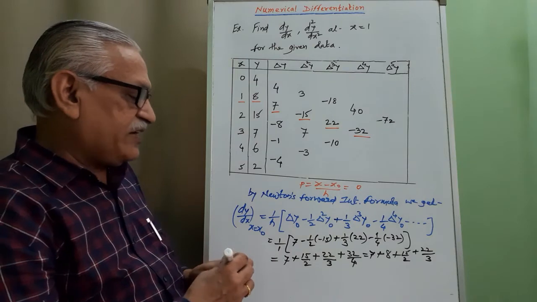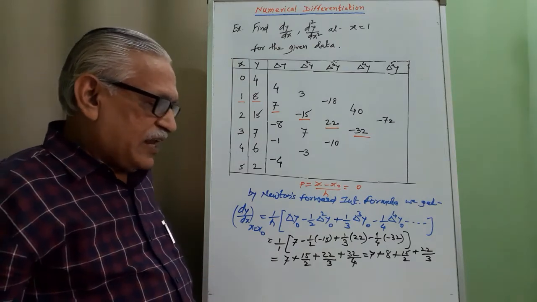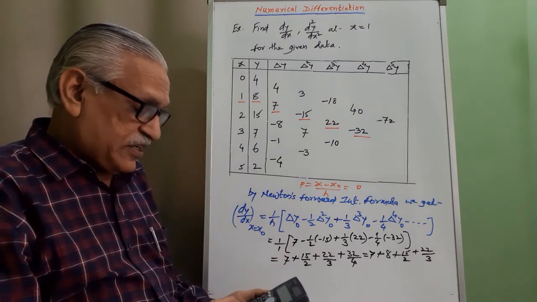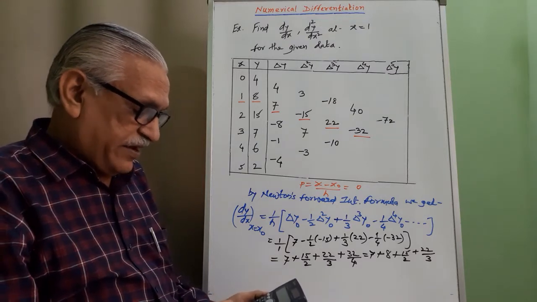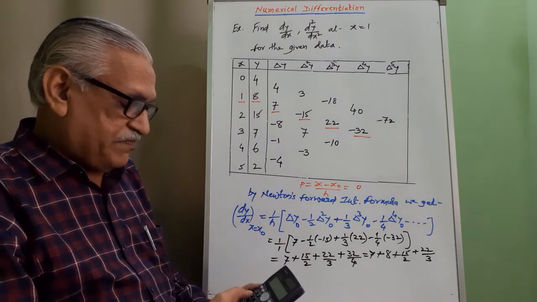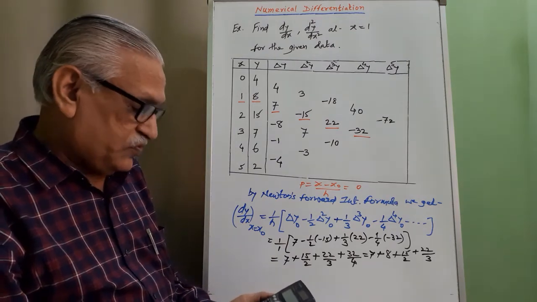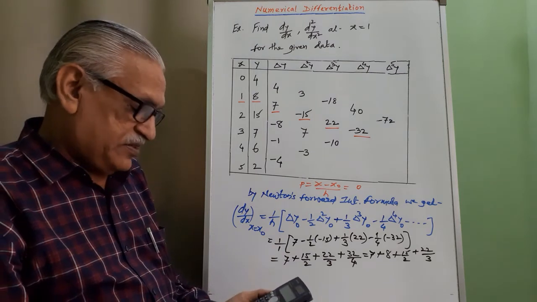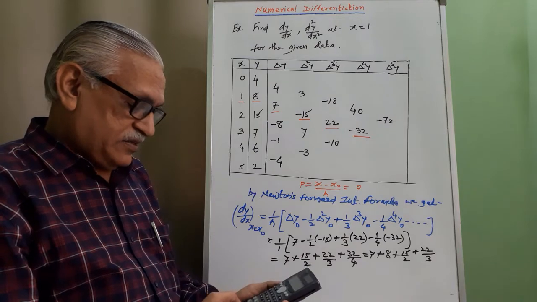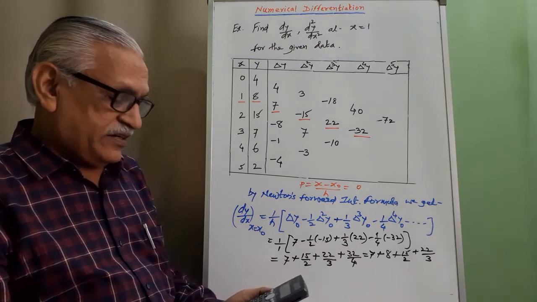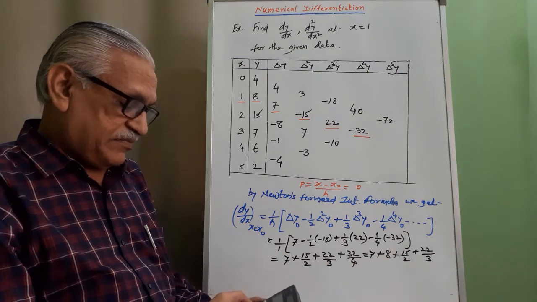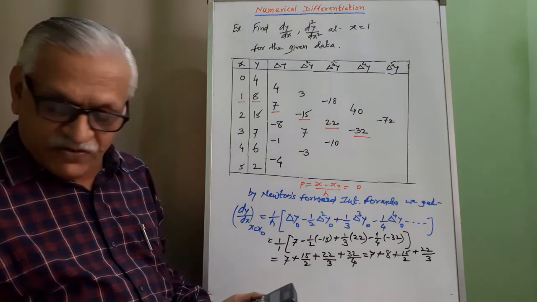Finding the simplified value by calculator, 7 plus 8 plus 15 by 2 plus 22 by 3, we get that value as 179 divided by 6.